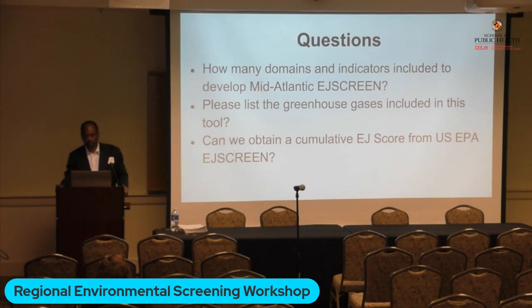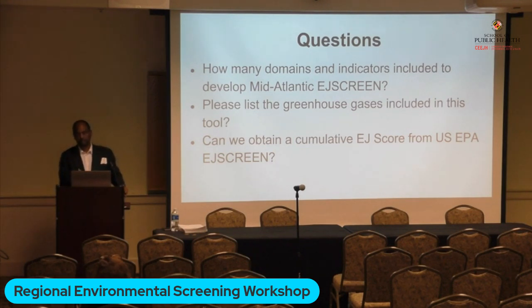So can we obtain a cumulative EJ score from the US EJ score? One major limitation for the US EPA EJ screen is the lack of a cumulative score. EPA doesn't give you a cumulative result for your census tracts. It may give you the health indicator score, the climate indicator score, but it doesn't give you the cumulative. So that's one major problem with EPA. They have their own issues, because some people may use the score for something in the government.